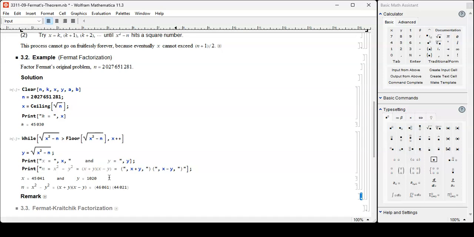Anyway, we got x and y values, so we can find x plus y and x minus y. They turn out to be 46,061 and 44,021. According to Fermat's computation, we got that. And then you can apply a similar trick to this one and that one. Turns out they are both prime numbers.